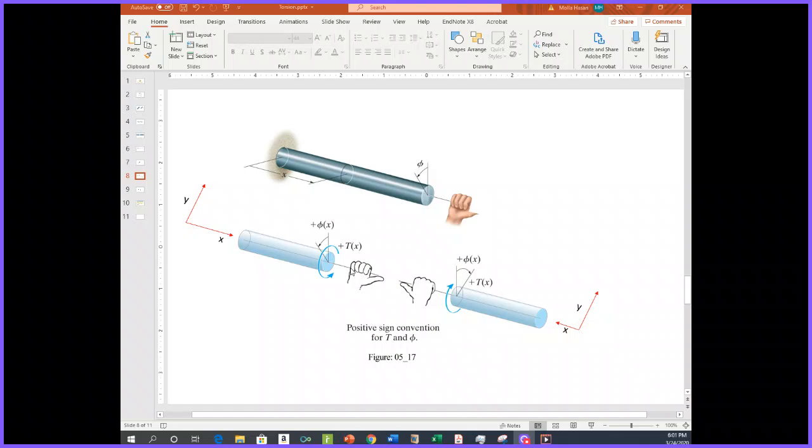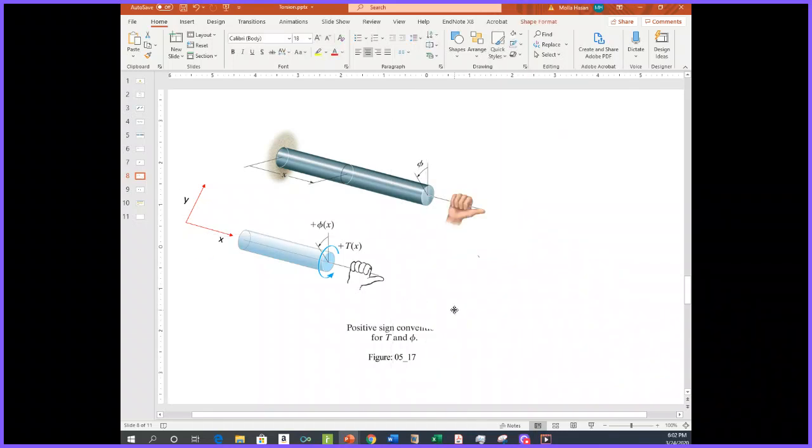As you see, this can be determined by the right hand rule. According to the right hand rule, both the torque and the angle of twist phi are positive if the thumb is directed outward from the shaft.